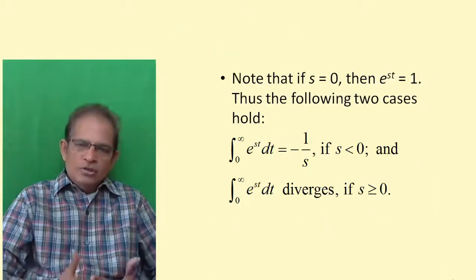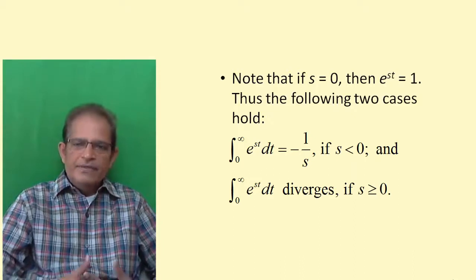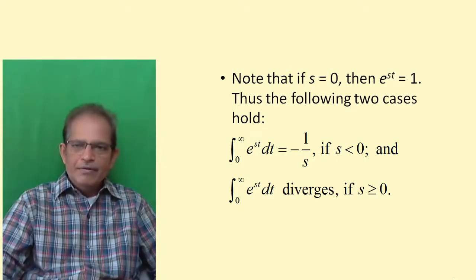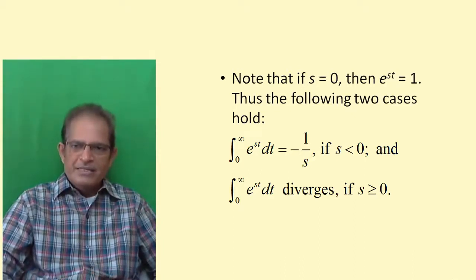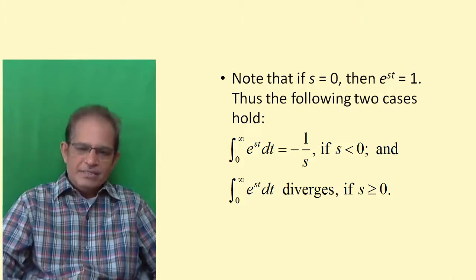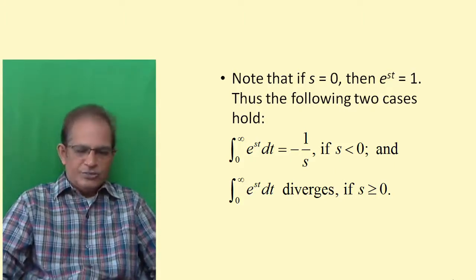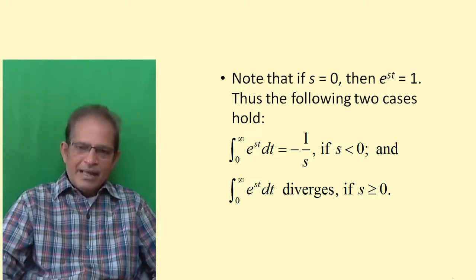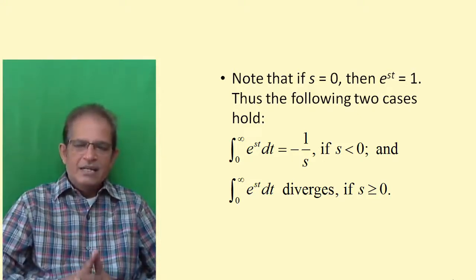In this case, if s is equal to 0, then e power st is equal to 1. Thus the following cases hold. Integral 0 to infinity e power st dt is equal to minus 1 by s if s is less than 0. And the same integral diverges if s is greater than or equal to 0.